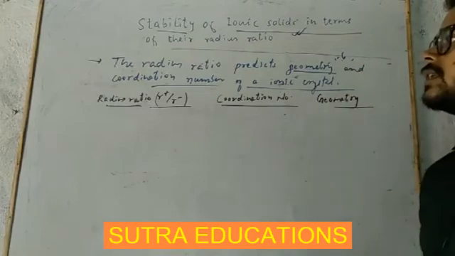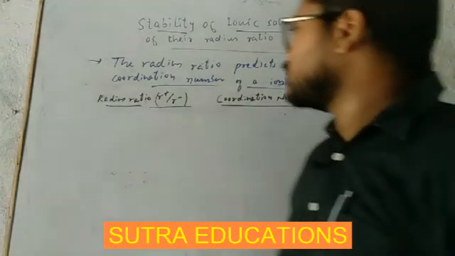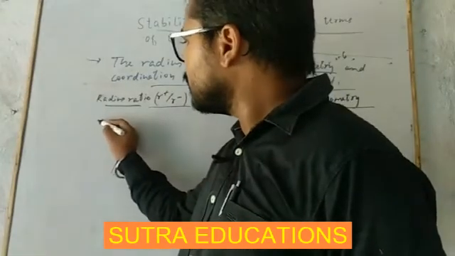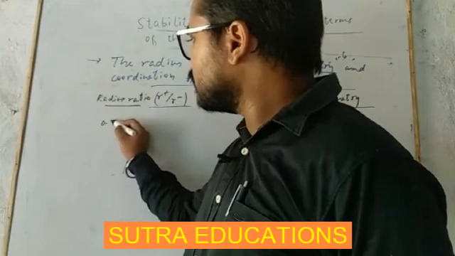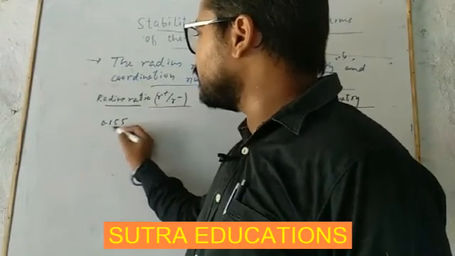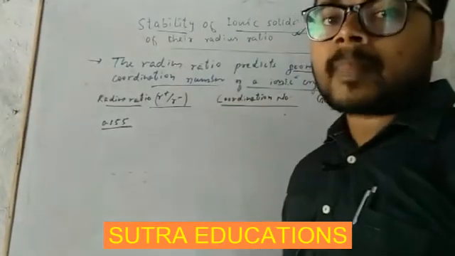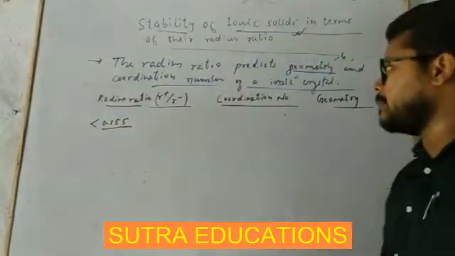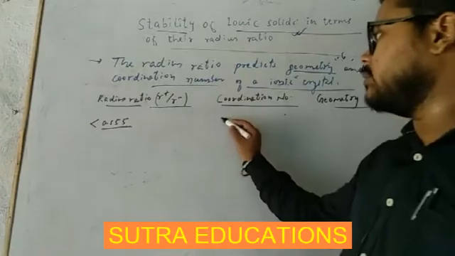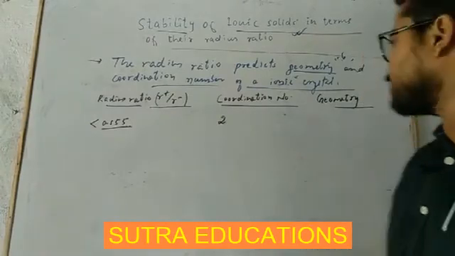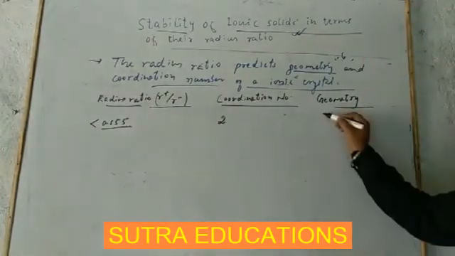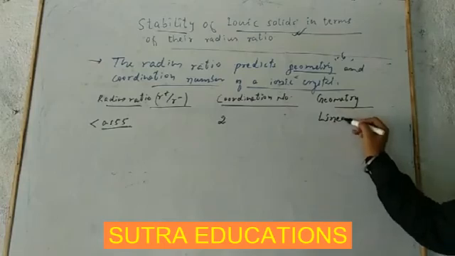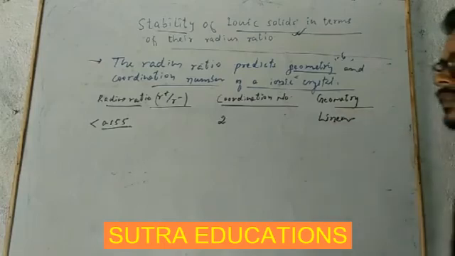So if the radius ratio is less than 0.155, then the coordination number will be equal to 2 and the geometry will be linear. Got it?